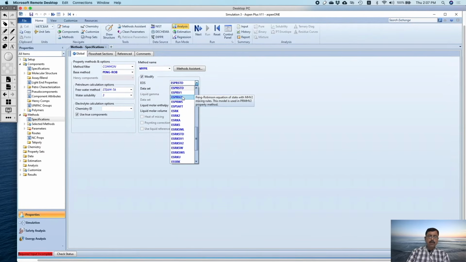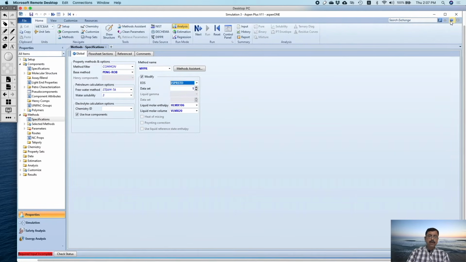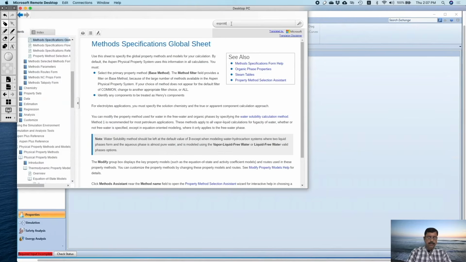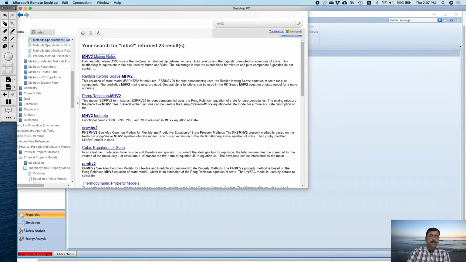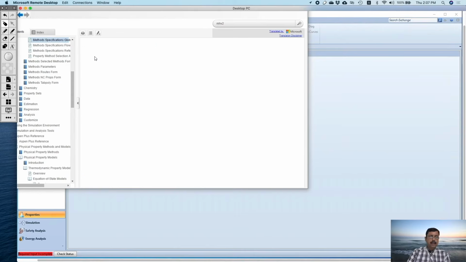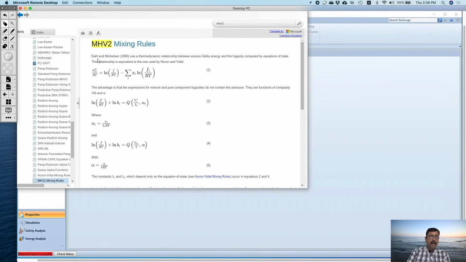Now, if you want to know what the MHV2 mixing rule is, again you can go there and look for MHV2. Then Aspen will tell you what the MHV2 mixing rule is. So just click on that. It is Dahl and Michelsen 1990. This is the relationship equivalent to the one used by Huron and Vidal.